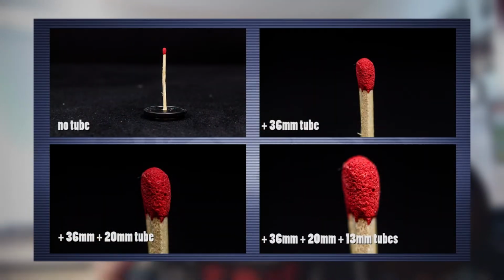So if you put 1, 2, or 3 of these tubes between your camera's body and your lens, you can get closer. And the more you have, the closer you can get. This is a really, really affordable way to not only get closer, but also to transform your already existing lenses into real macro lenses.